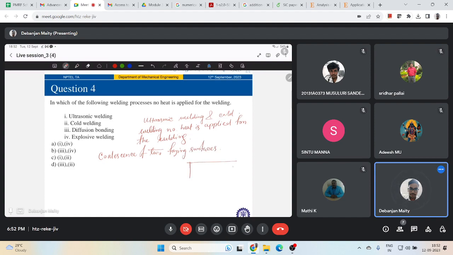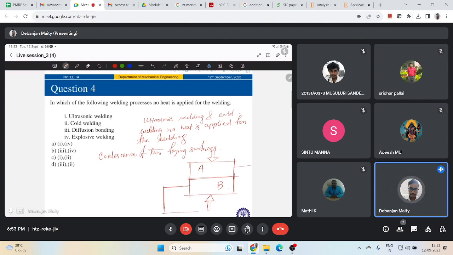Now, let's say you have two metals. You are applying pressure, right? So you have this metal A. I'm doing diffusion bonding of two different metals. You're applying pressure, and you also have heat.